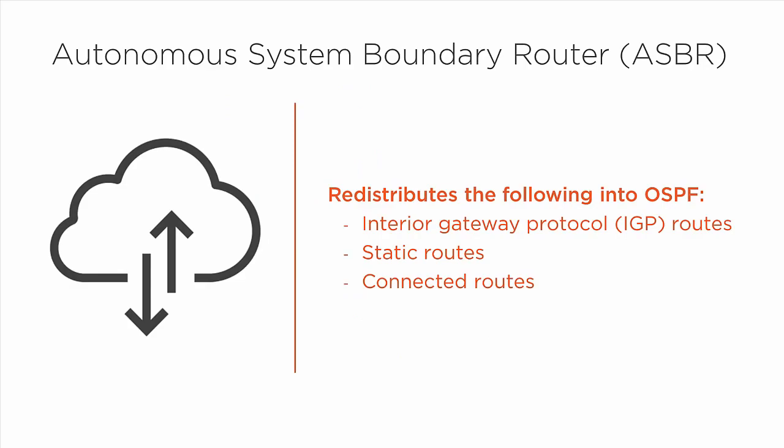But there is another type of router called an Autonomous System Boundary Router, or ASBR. The acronym is similar, but the role is very different. An ASBR is a router that redistributes from another routing protocol into OSPF. Also, when an ASBR generates its Type 1 LSA, it sets a bit called the ASBR bit, which tells everyone else that it is an ASBR.